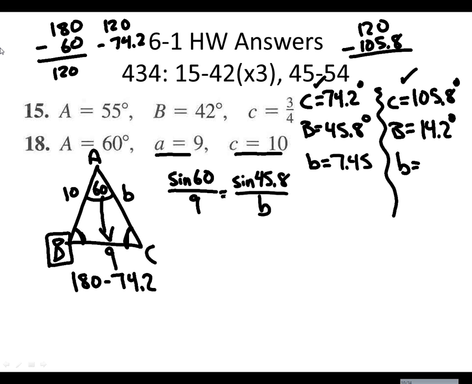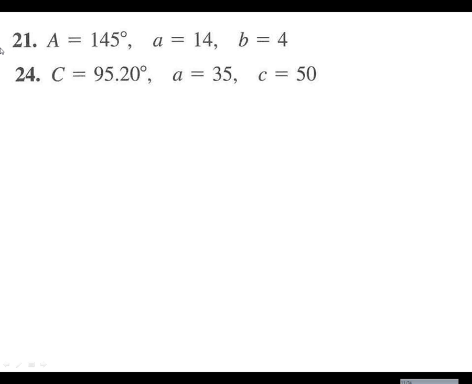And if we come back down here and change the 45.8 for our second triangle to a 14.2, plug that into your calculator, move things around, solve for B, you get 2.55. We've solved our triangle.